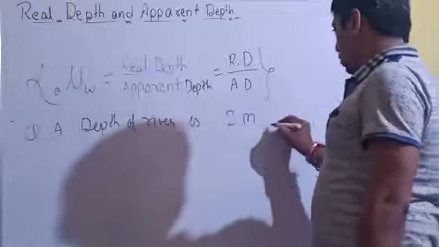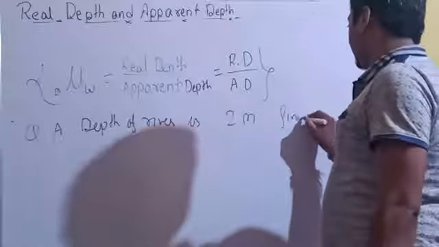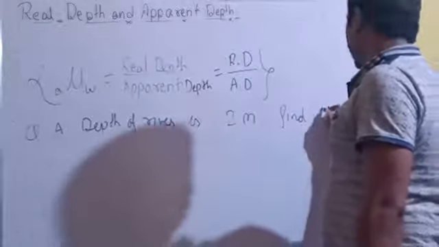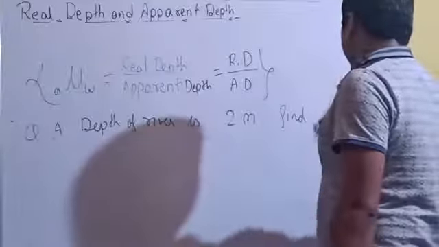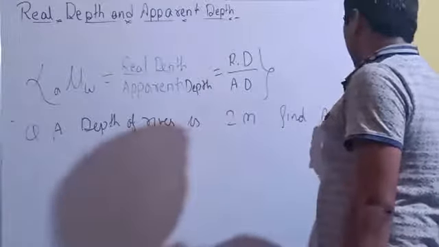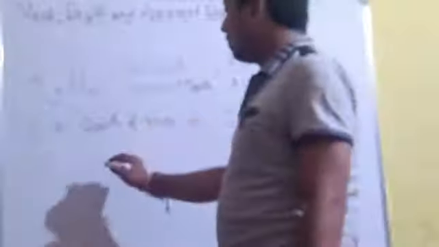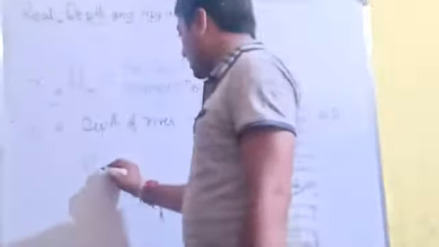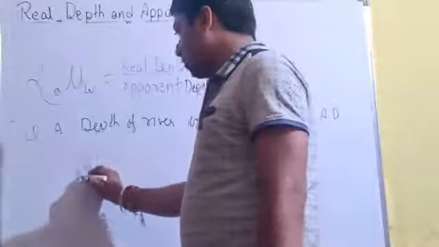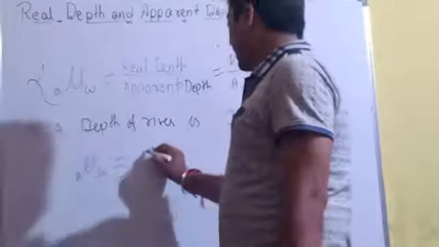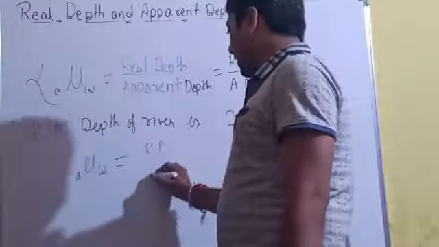The depth of the river is given as 2 meter, and you have to find the apparent depth. How will you find it? You know that the real depth is given. The refractive index of water with respect to air is equal to the real depth upon apparent depth.